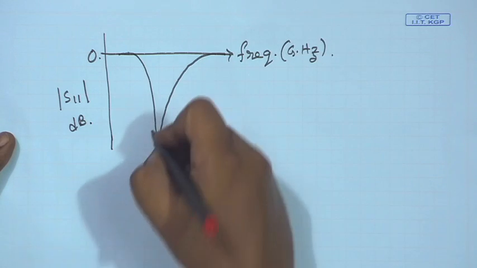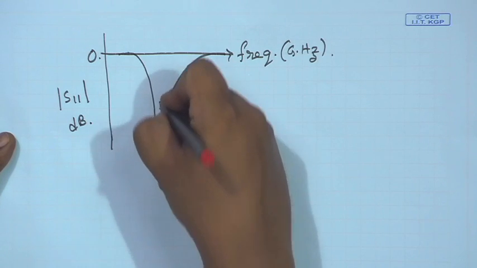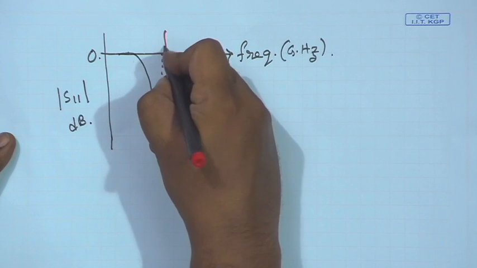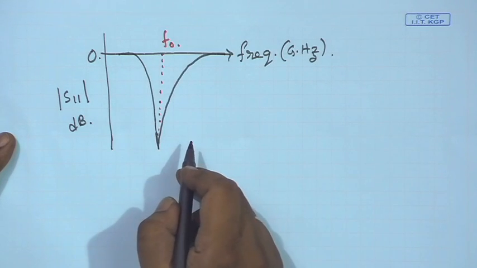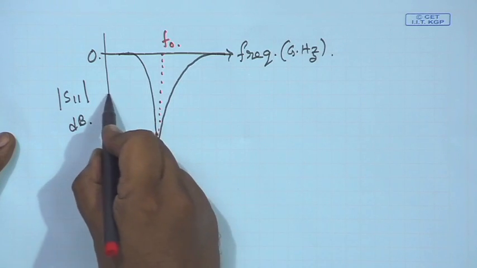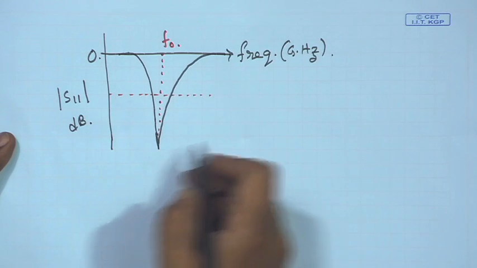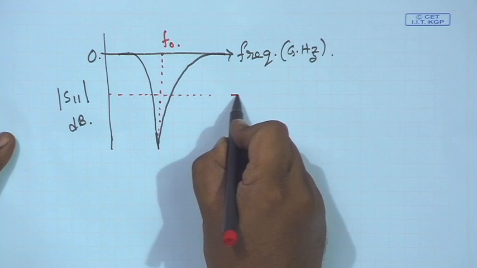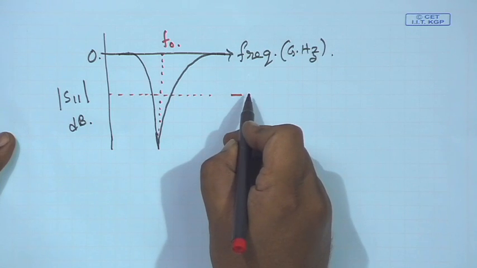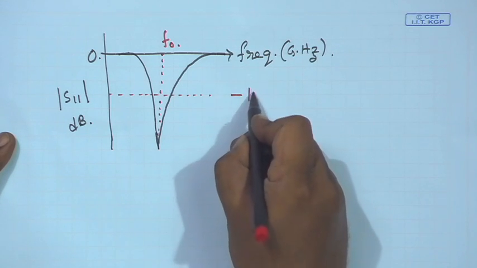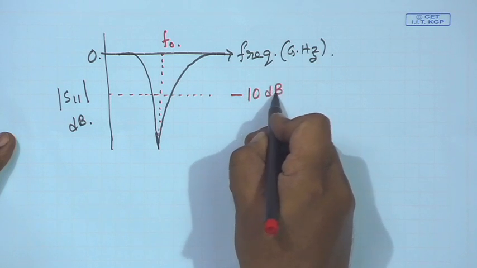This is what we call the midband frequency of the antenna, where it accepts maximum power. Now, we can define the impedance bandwidth in many ways. In some definitions, mostly for handheld devices and small antennas, we consider the 10 dB matching point.